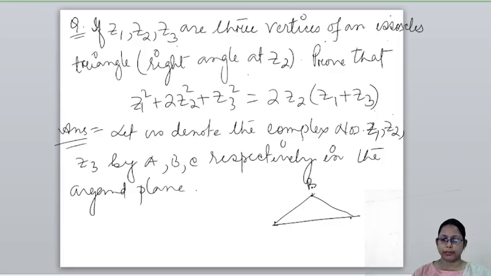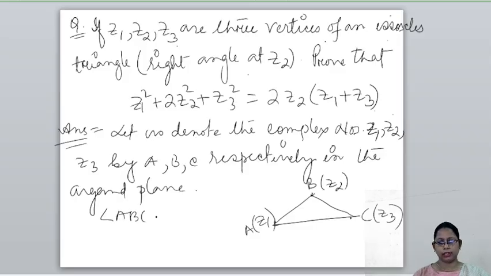This is my vertex B denoted by Z2, and this is Z1 denoted by A, and this is C denoted by Z3.